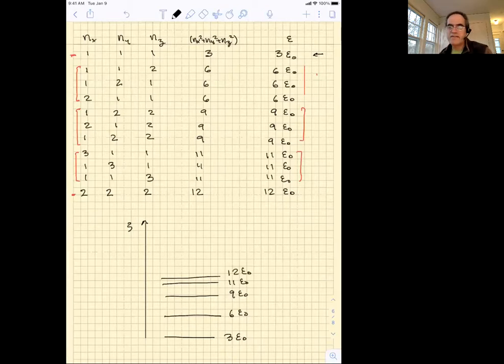So I'm just highlighting that these are not really equally spaced. As we get higher in energy, they actually get closer together. Okay, let's stop here with this example.